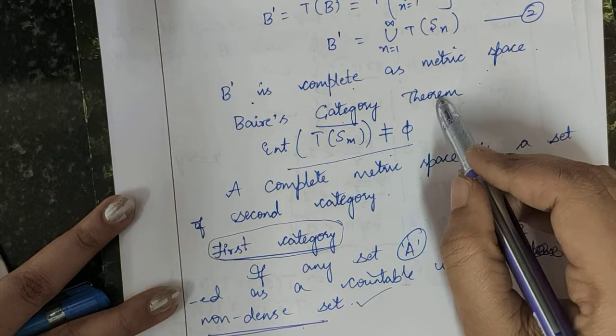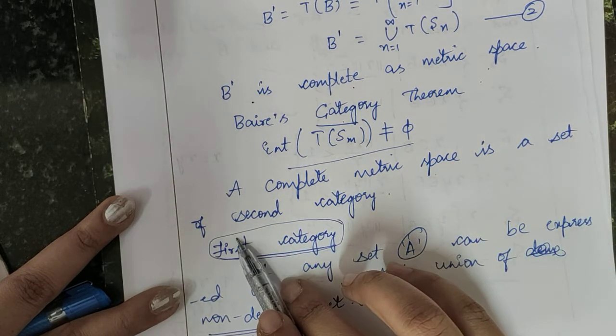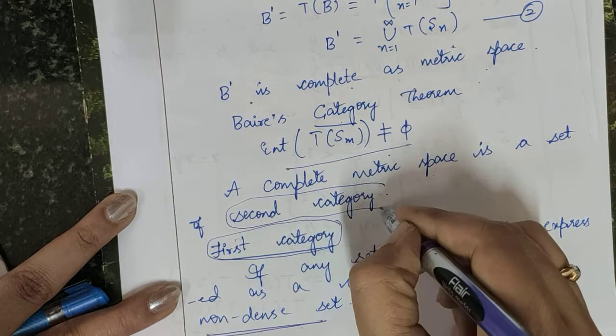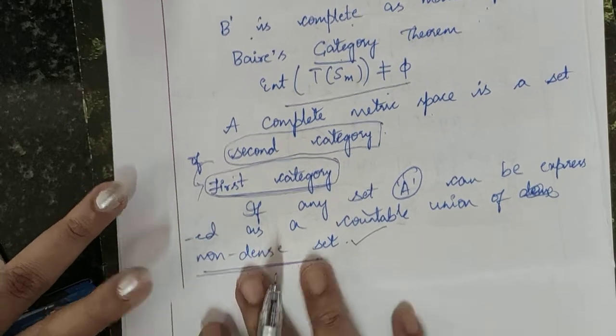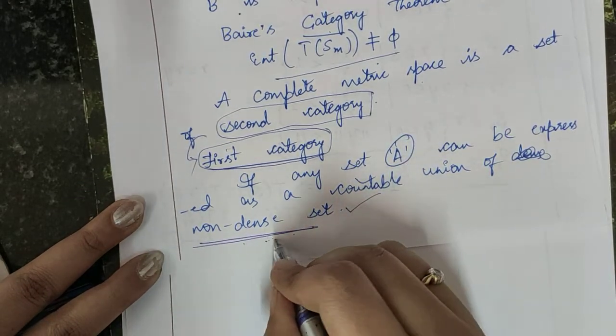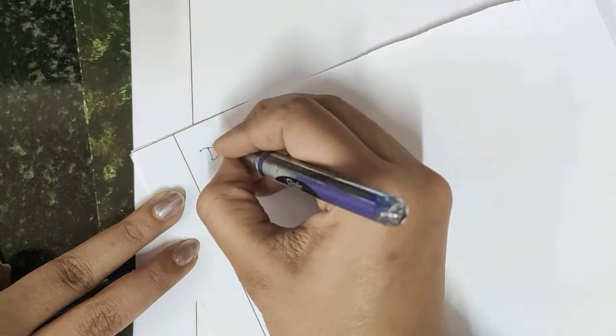Because Baire's category theorem states that a complete metric space is a set of second category. So in order to understand what is second category, I should know what is first category. From the definition of first category, I should understand what is non-dense set, right? So now let's see dense set first.